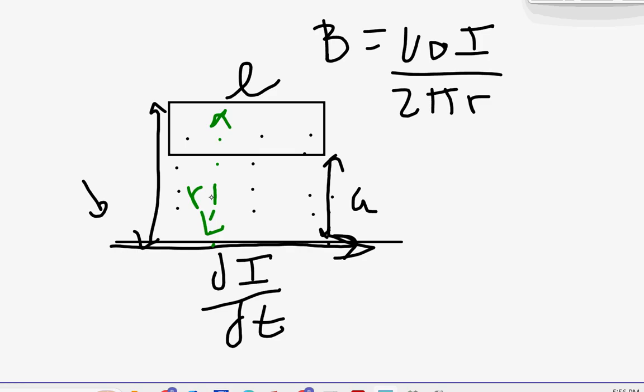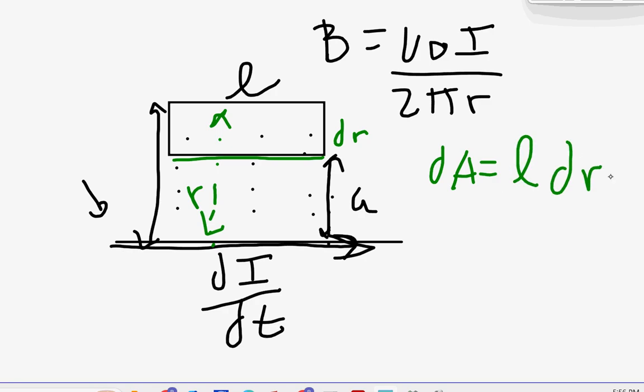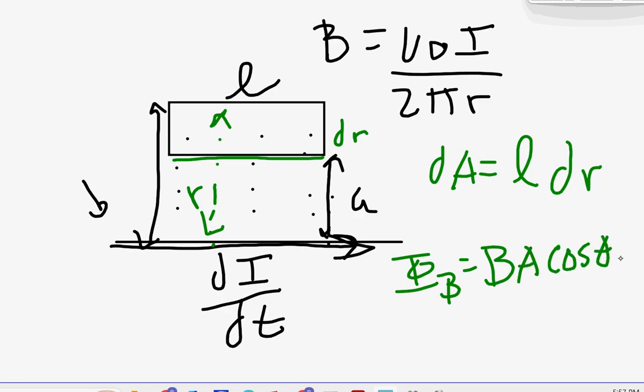If we look at this, we need a differential area. We have length L in this direction, and in this direction we're going to have a dr. So the area dA is actually length L times dr. Remember our equation for flux is B A cosine theta. Our theta in this case will be 0 for all of those.